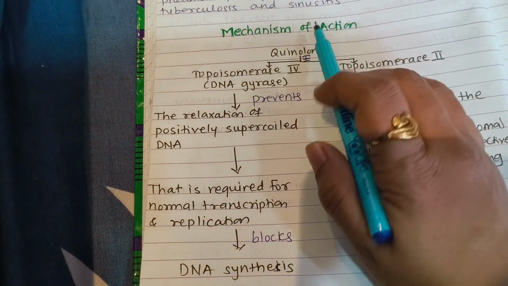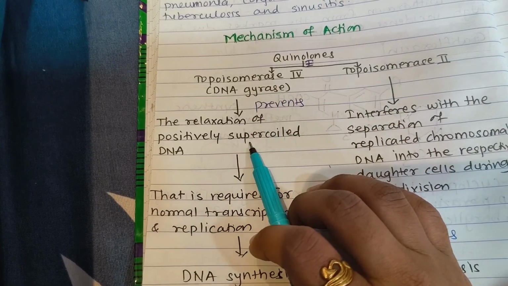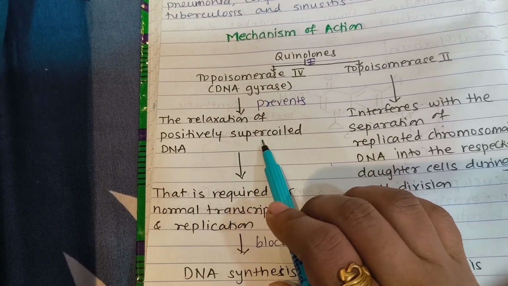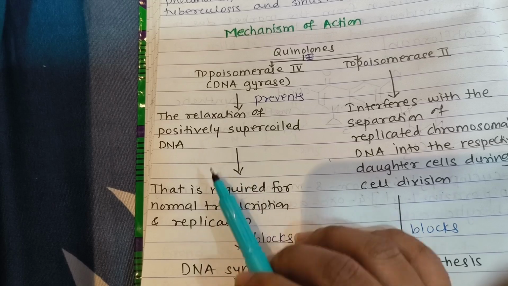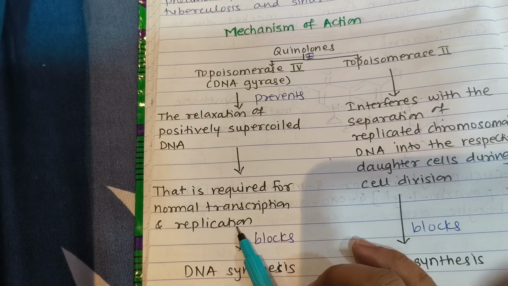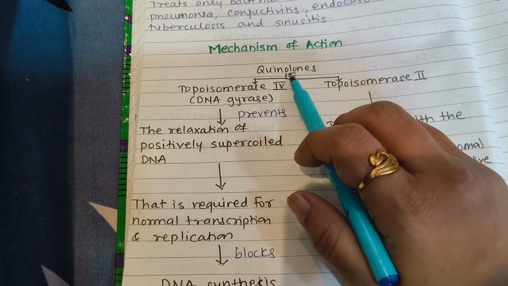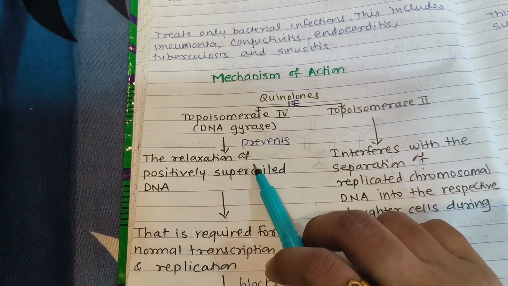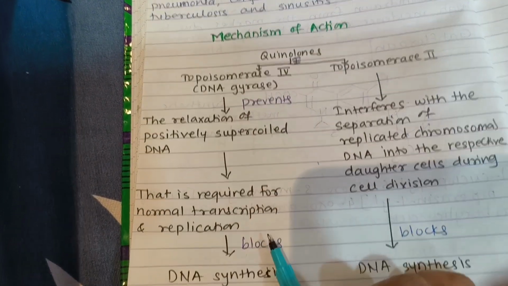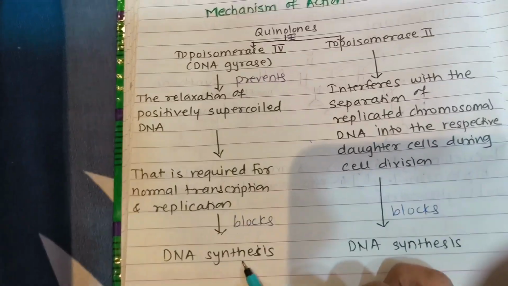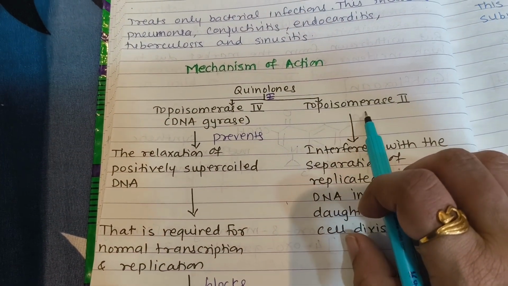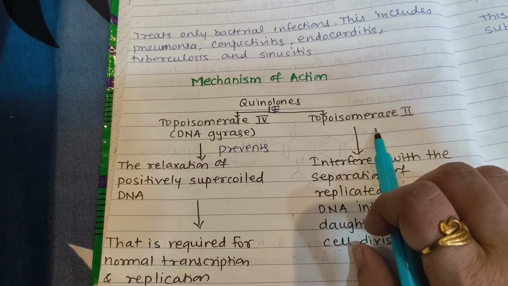DNA synthesis. See, topoisomerase is required for the relaxation of positively supercoiled DNA, and because of that transcription and replication happens, and because of that DNA synthesis happens. But quinolones inhibit this enzyme, therefore they prevent this supercoiling, and therefore they prevent or block the DNA synthesis. On the other hand, topoisomerase 2, this another enzyme.